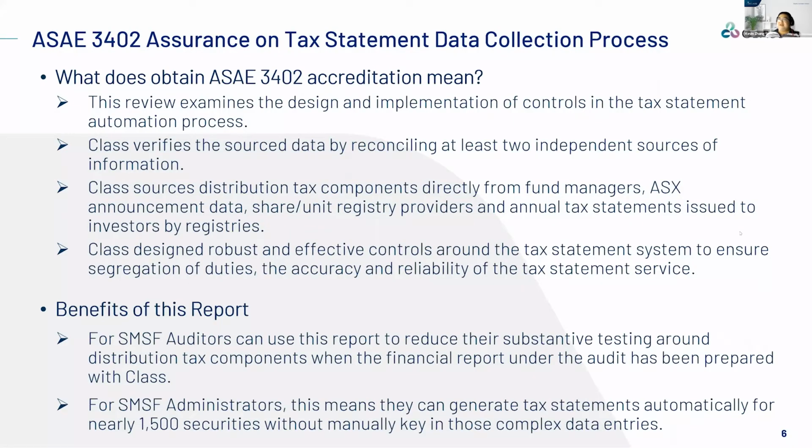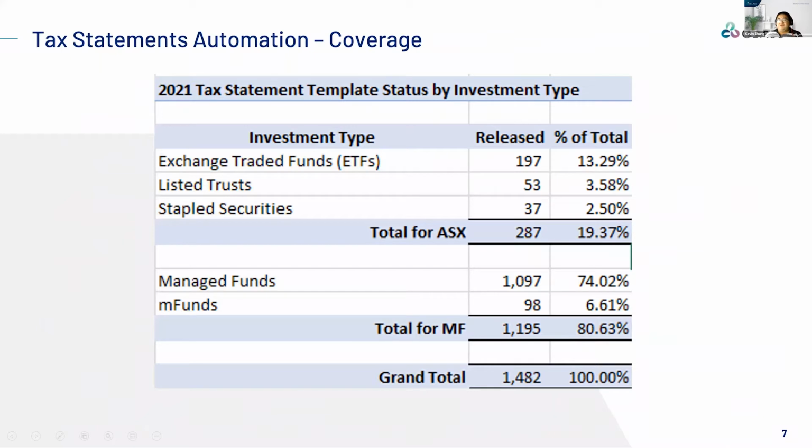How much does Class tax statement data currently cover? For FY 2021, we have compiled roughly 1,500 securities, with the split about 20% ASX listed securities and 80% managed funds.